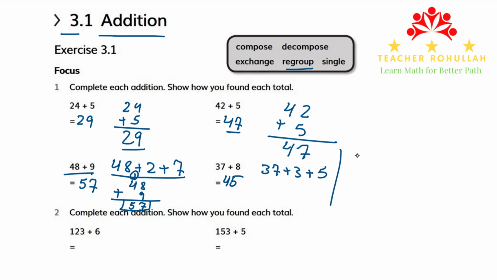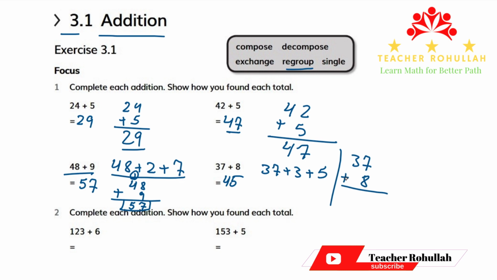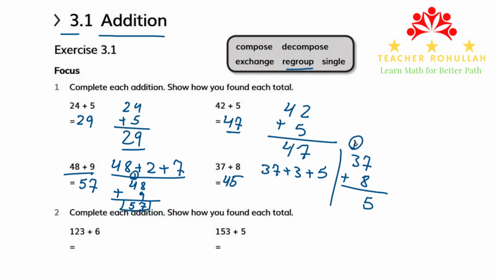Over here, I will use column addition as well for the same question. 37 plus 8. We should not forget the addition sign. 7 plus 8 is 15, and we regroup 1 above the tens place. 1 plus 3 is 4. So the total or the sum here is also 45, the same as with compose and decompose.